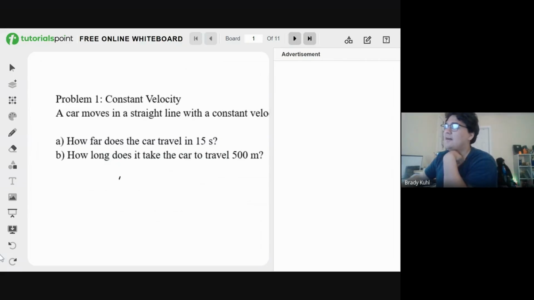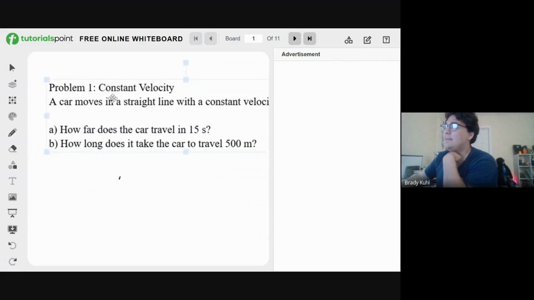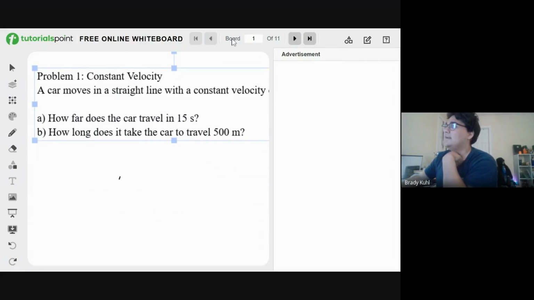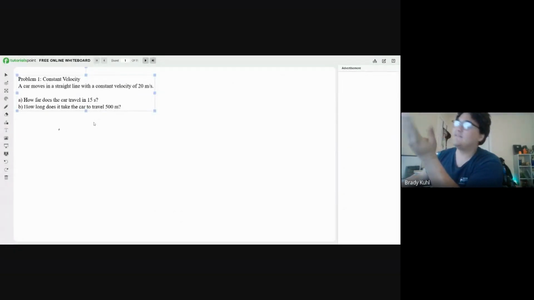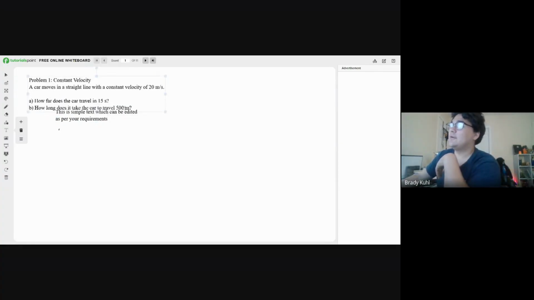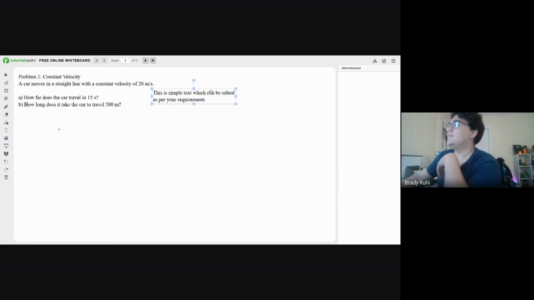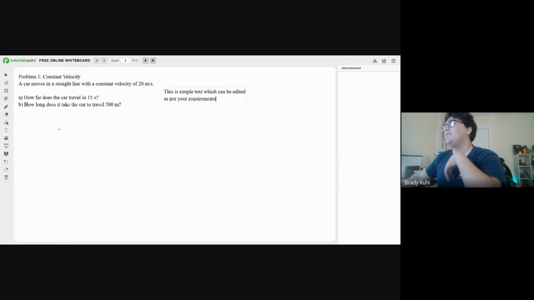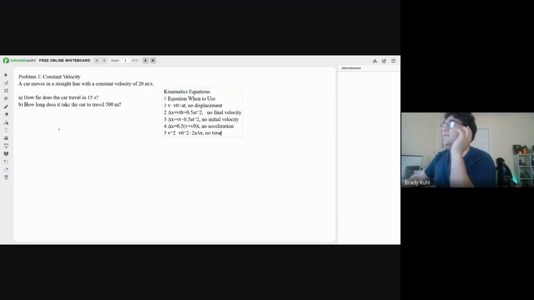Obviously, the table tells you it's a constant velocity. However, we don't really know yet what we need to use. For some of you, it's obvious: you already know to use the V equals V naught plus AT equation, but we're going to find out now.